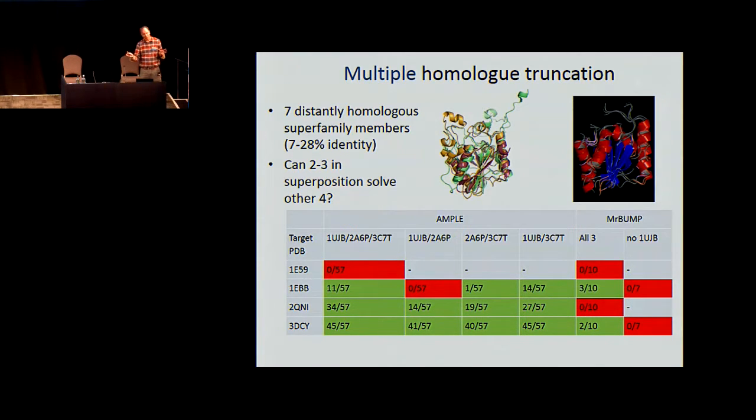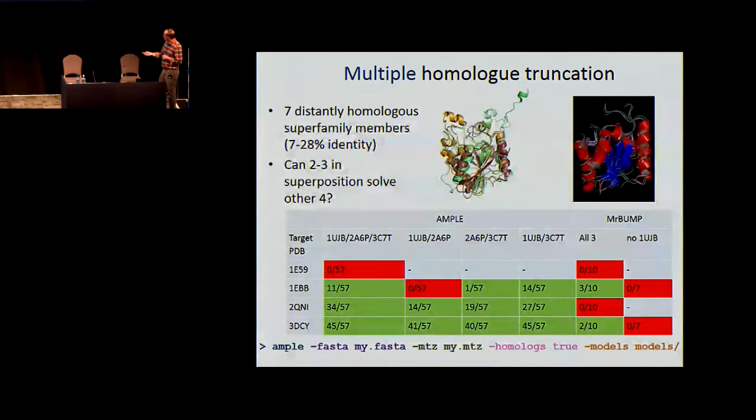So you do get more value in these difficult distant homology cases by this kind of superposition and truncation approach. If you want to try that at the command line, you need to tell AMPLE that the sequences of these structures are not the same. It will then do a different kind of superposition, but you basically just give it a directory with some structures in, and it will do the rest.